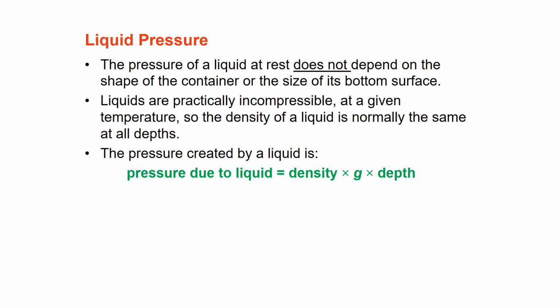Liquids are practically incompressible at a given temperature, so the density of the liquid is normally the same at all depths. So the pressure created by a liquid is given by the equation: pressure equals density multiplied by gravity multiplied by depth.